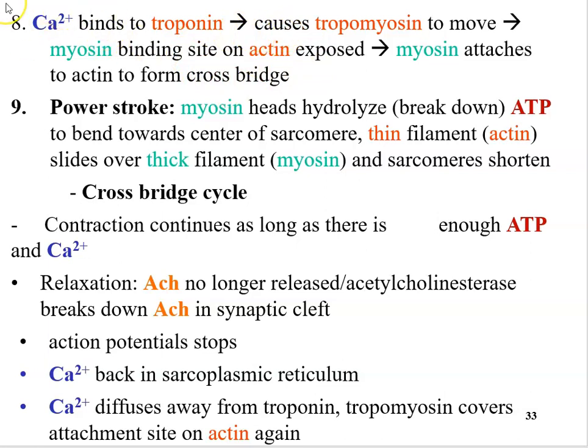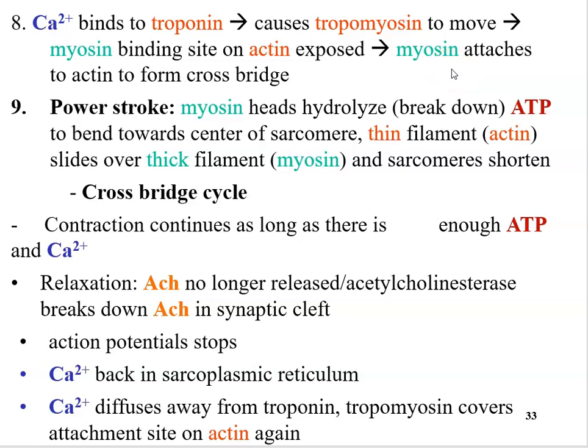Calcium, in this case, was the distraction, right? So calcium binds to troponin, changes its shape, causes tropomyosin to move off the binding site of actin. So now myosin is free to attach to actin at that binding site.